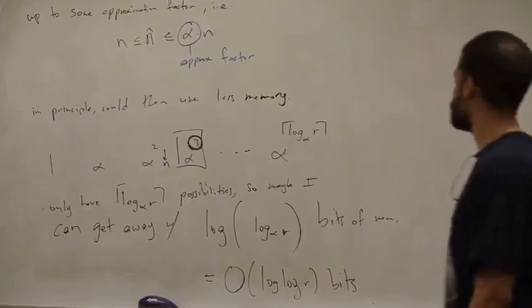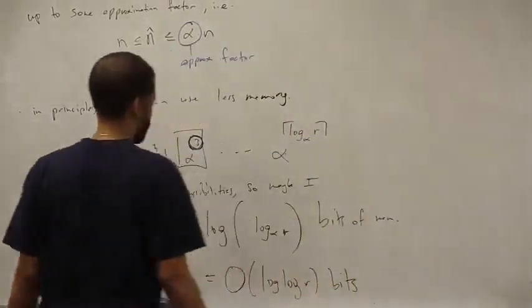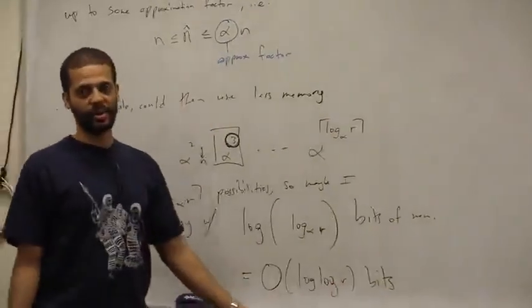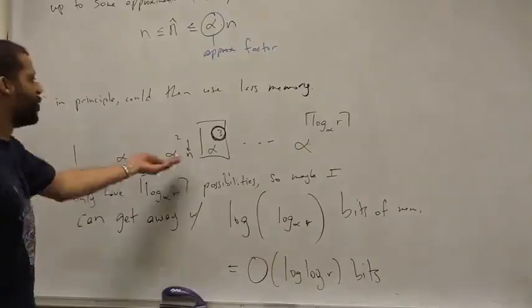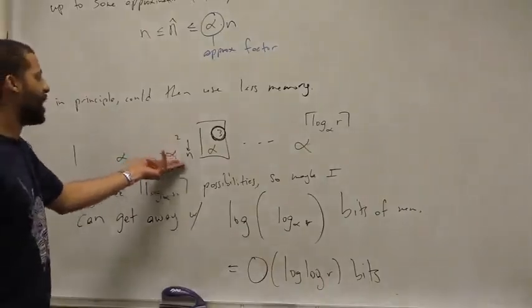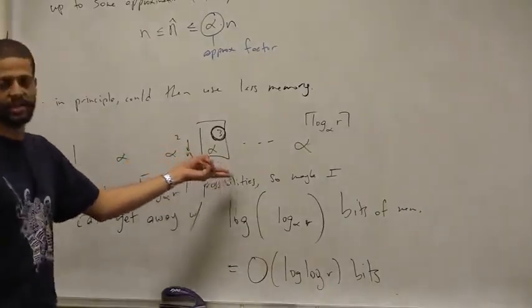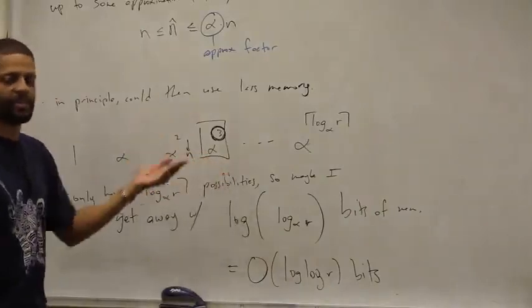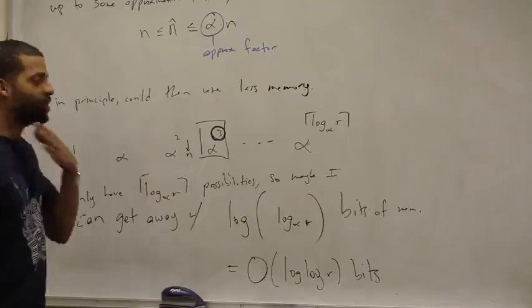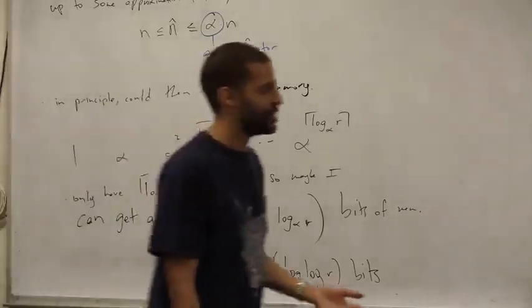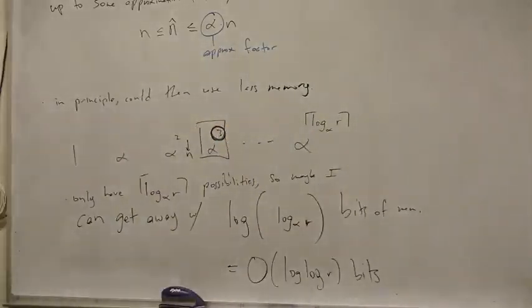Now, of course, the challenge here is, how do I actually achieve this with a streaming algorithm? Because yes, if I know n, I can round it to the nearest power of alpha, and then that will give me the exponent. But I don't know n, right? I'm a streaming algorithm. All I know is I keep getting these operations increment, increment, increment. And I don't know how many increments have happened so far.